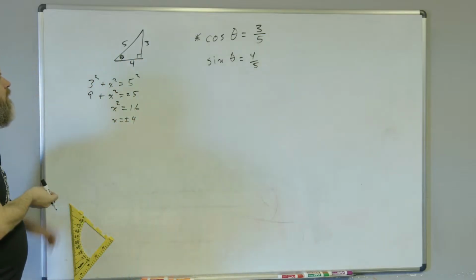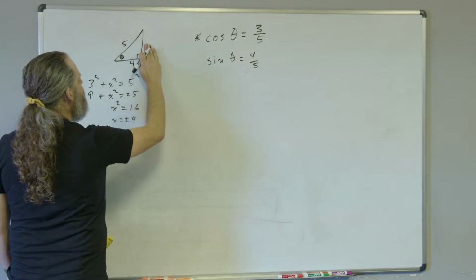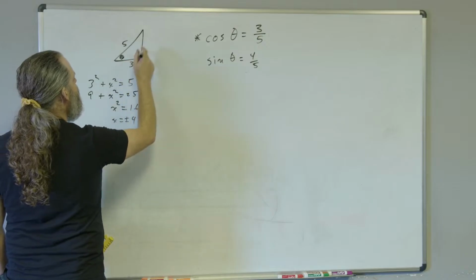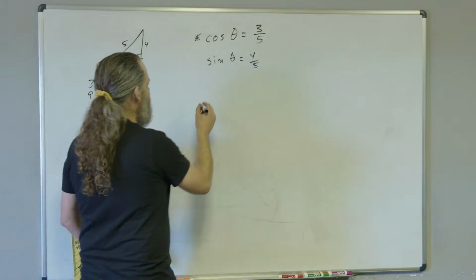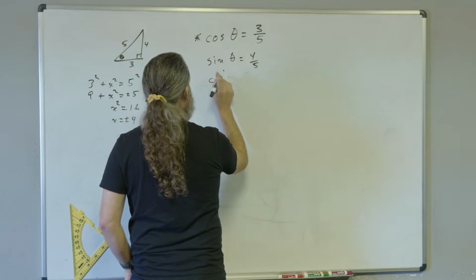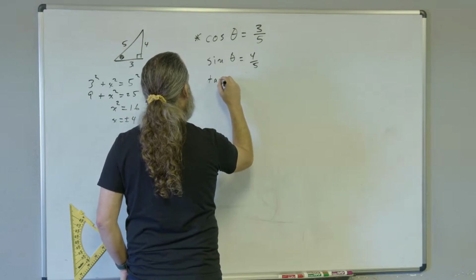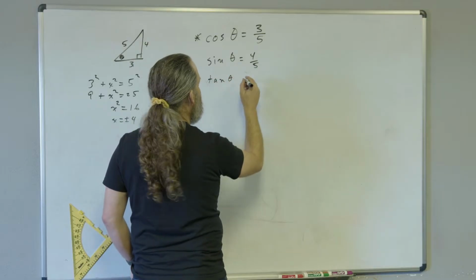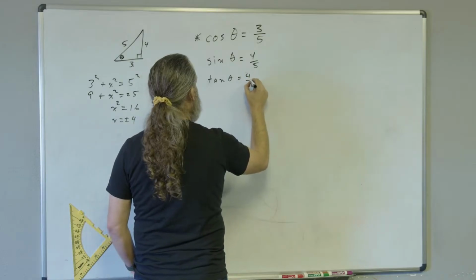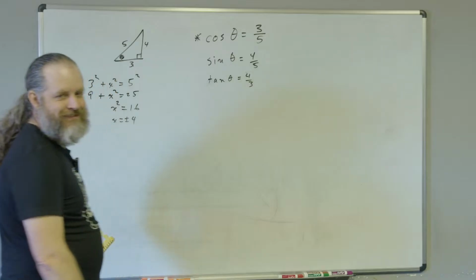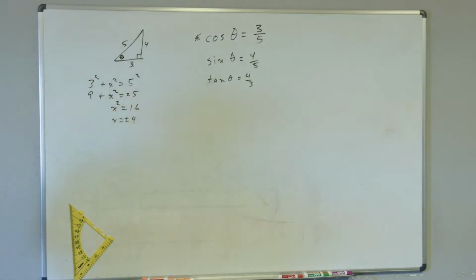We wrote that wrong. It should be 3 on the bottom. Okay, sorry, my bad. Easy fix. The tangent of theta in case we need it, which we probably do. We need to get 4 over 5. Wait, no, how about 4/3? Yes, great. We got puzzle pieces.